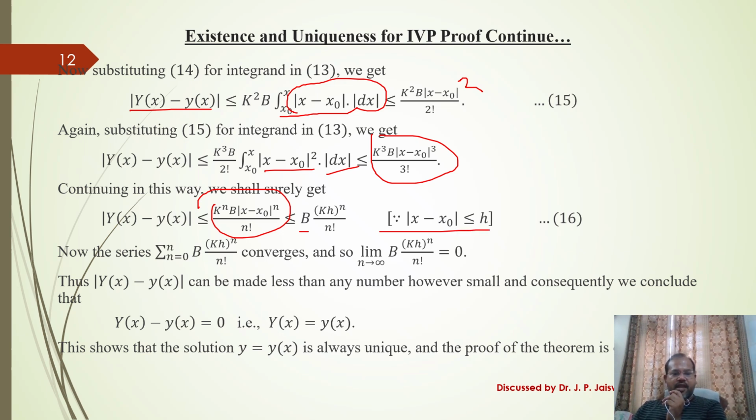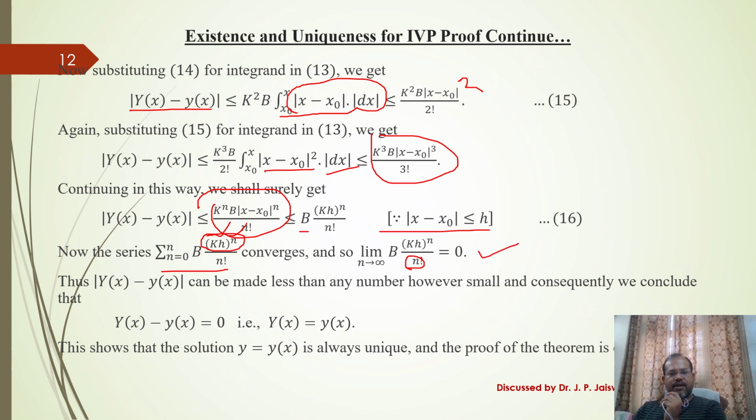Now if you take n tending to infinity, this becomes 0. Why? Because k is some finite quantity and h is small, and with factorial n in the denominator, by the limit idea it tends to 0.